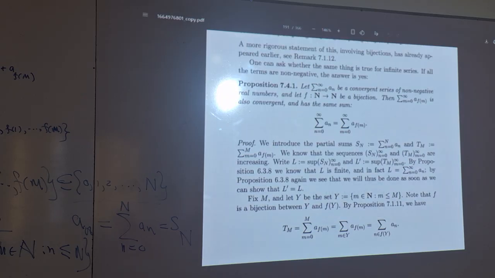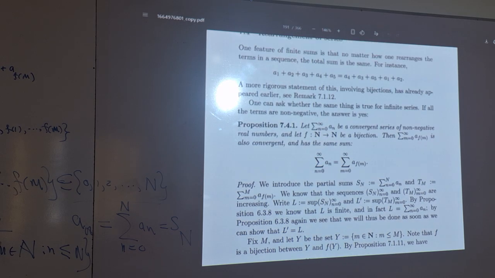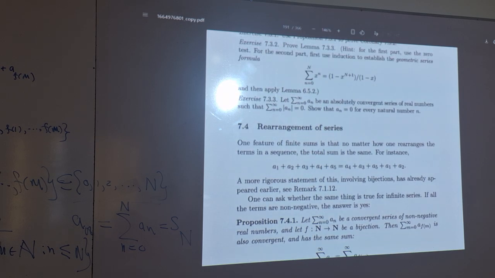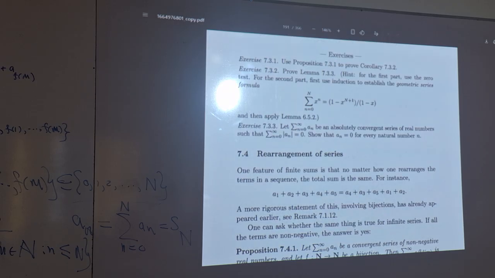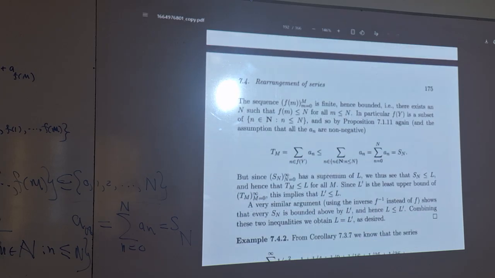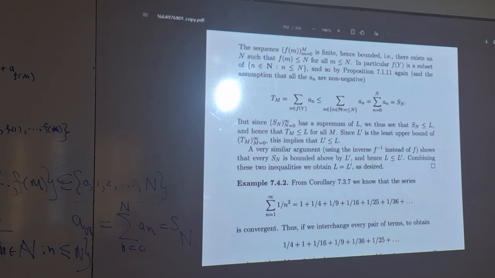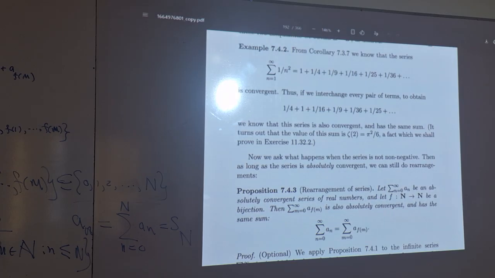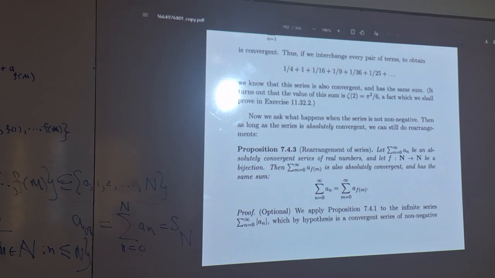Fix M, 7.4.3. You have to go down. Again. Going down? Yeah. Some more. See, I have to learn this.